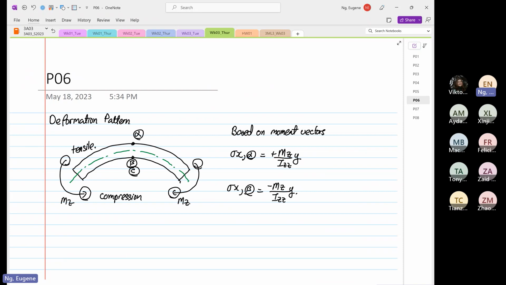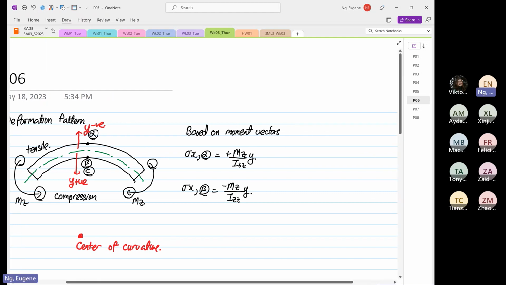Why I devised this method is because later on we have bending not about one axis but two axes. It can be really confusing. If we are going to apply the conventional old method, we have to remember that this is the center of curvature, and then we have to learn, oh, pointing in, y is positive, pointing out, y is negative. Too many things to remember.